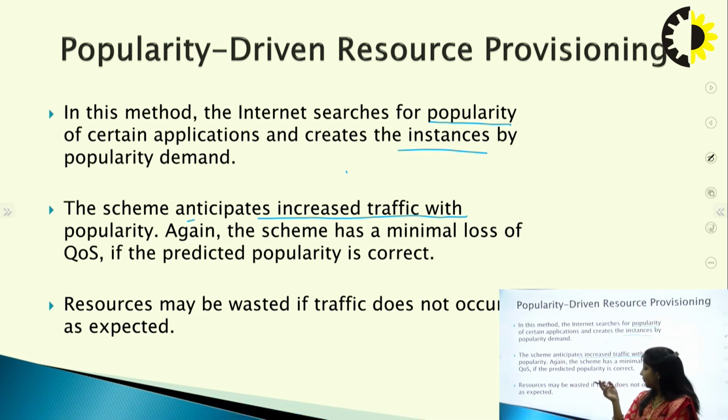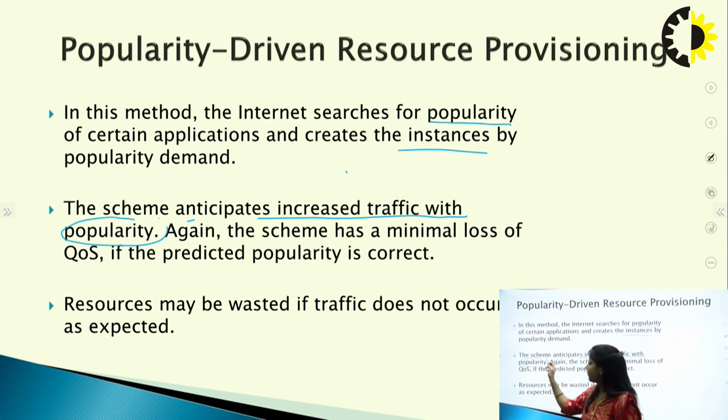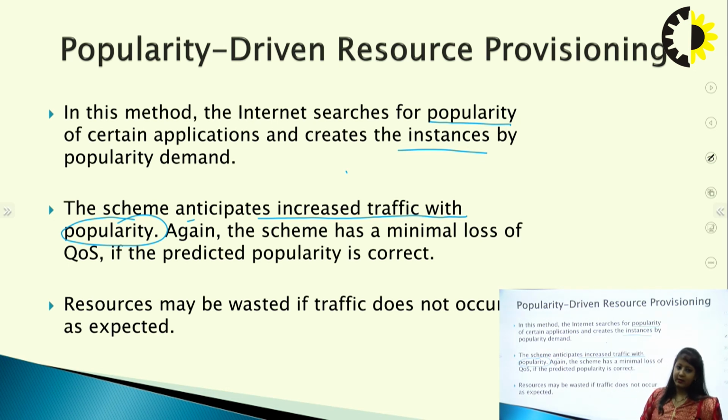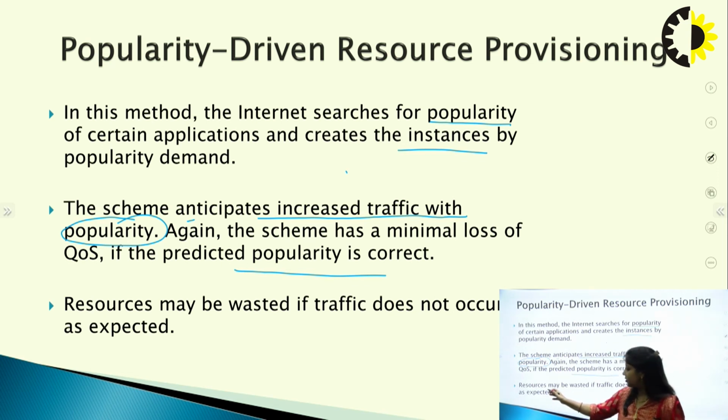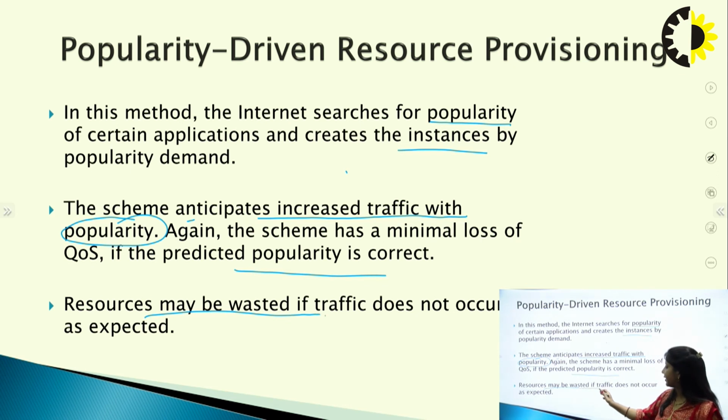Or if we have high demand for the Facebook app, so there are different apps. So actually they depend on the popularity of that app. If there is a highly popular app, then we are going to deploy that application or resource onto that virtual machine.